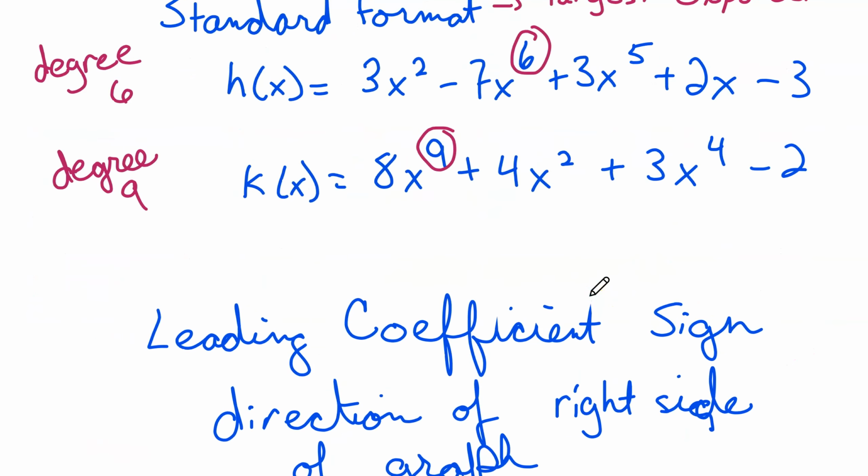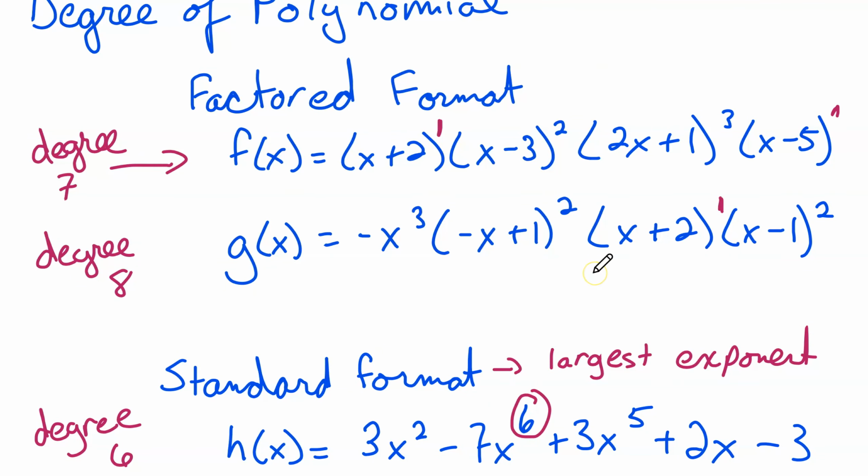So let's look at these up here. And I kind of put in some numbers here. When you're looking at the factored format, you look at the signs of the x's, all the x's put together. So like positive, positive, positive, positive, we have a positive. So our leading coefficient would be positive.